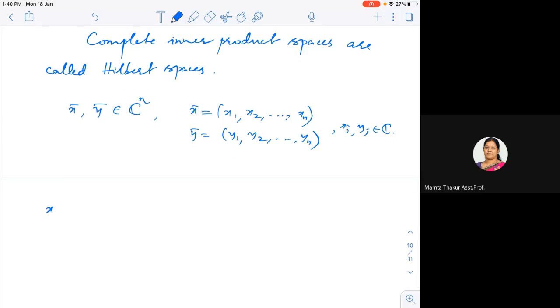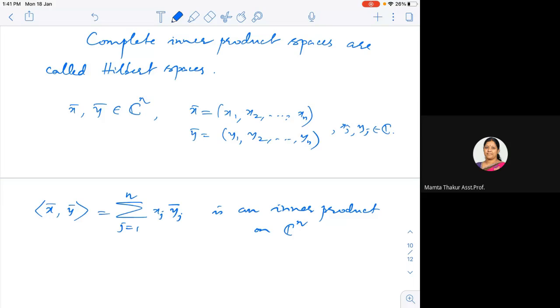If I define the inner product to be sigma j equal to 1 to n of xj yj bar, it is an inner product on this C power n.